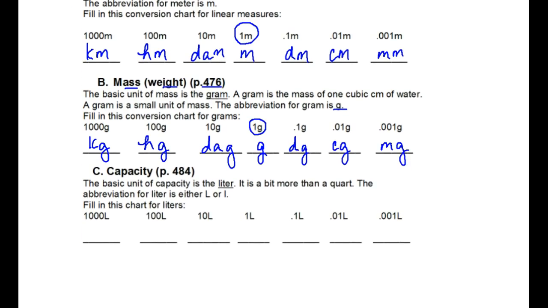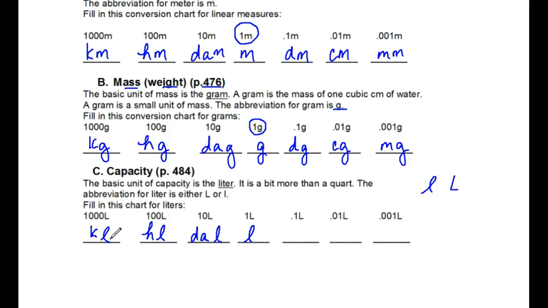The basic unit for capacity or volume is a liter. A liter is a little more than a quart. And the abbreviation for liter is sometimes an italic L or a capital L. Both of those mean liter. So 1 liter, 10 liters is a decaliter, 100 is a hectoliter, and 1,000 is a kiloliter.